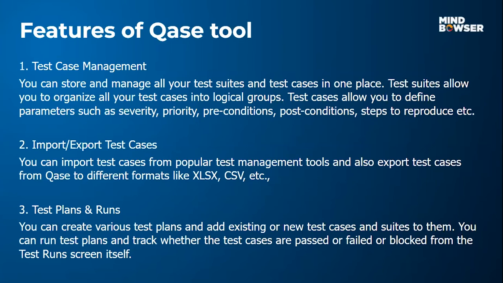Test suites allow you to organize all your test cases into logical groups like smoke test suite, functional test suite, regression test suite, etc. And the test cases that you put in these test suites allow you to define parameters as well, such as severity, priority, preconditions, postconditions, steps to reproduce. Basically, the general test case description, you can do here.